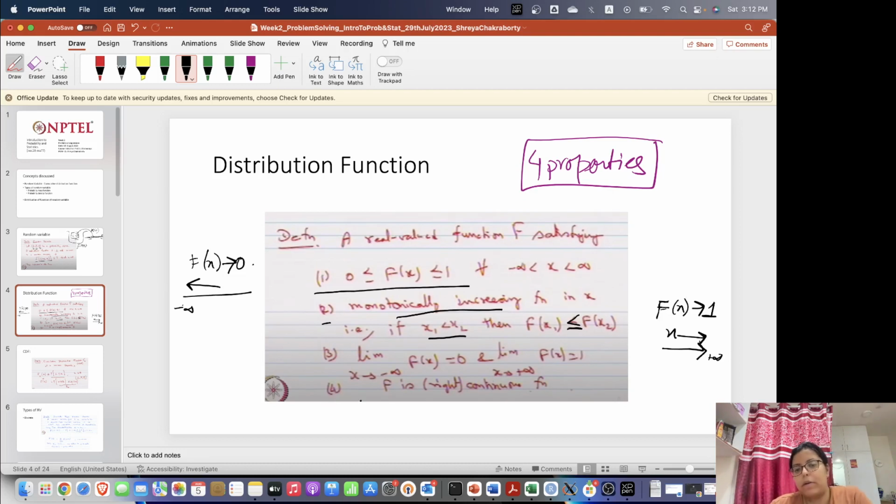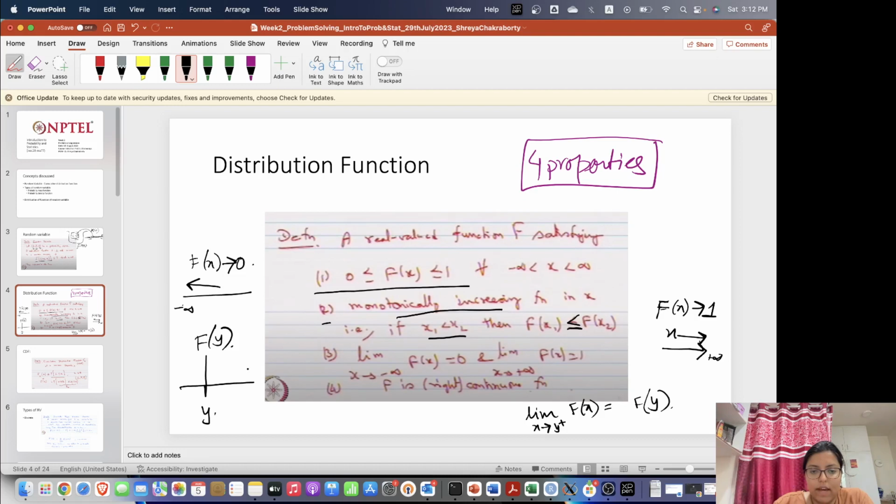And the fourth property is that F should be a right continuous function, which means that the limit as x tends to y from the right of F(x) should be equal to F(y). So if I have a function here, this is my y, and this is F(y).